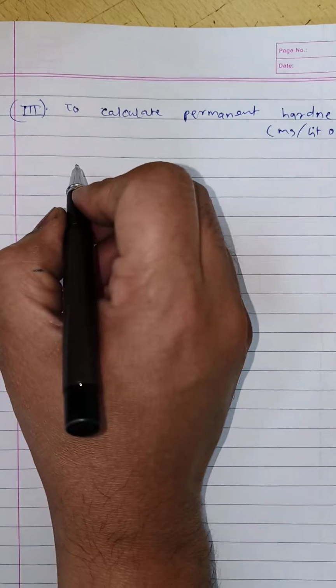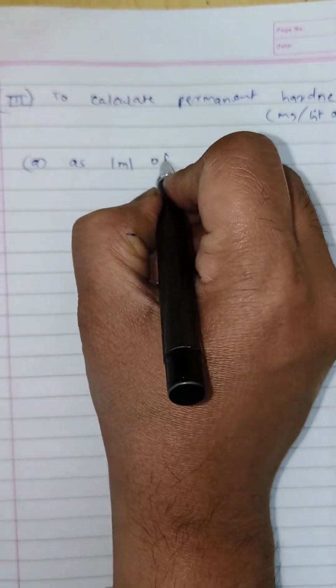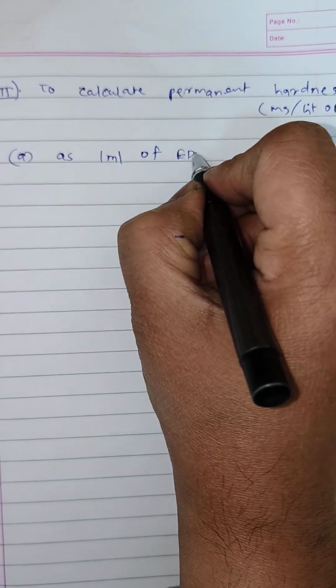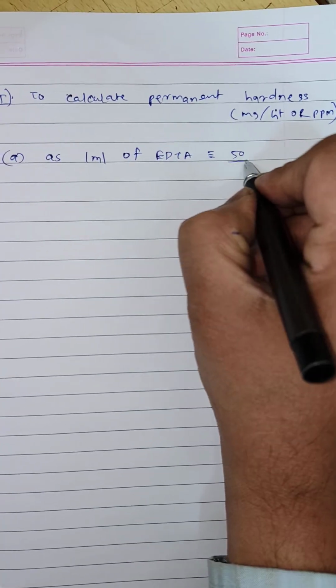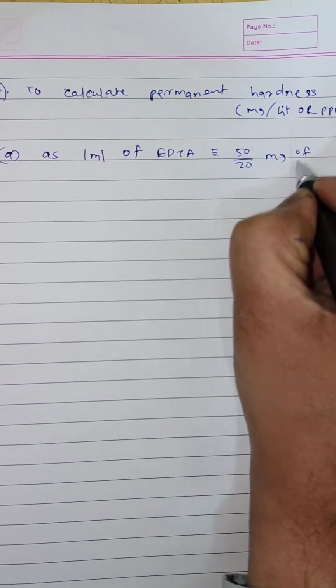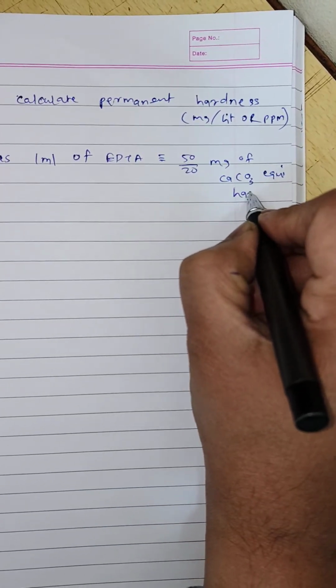Now you know that in the first case, 1 ml of EDTA corresponds to 50 by 20 milligram of CaCO3 equivalent hardness.